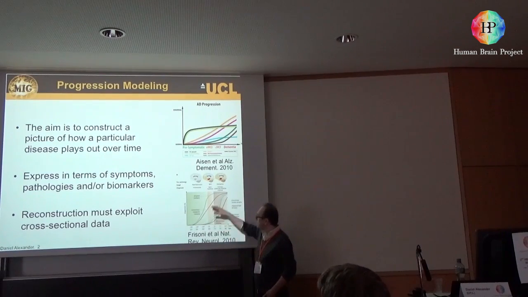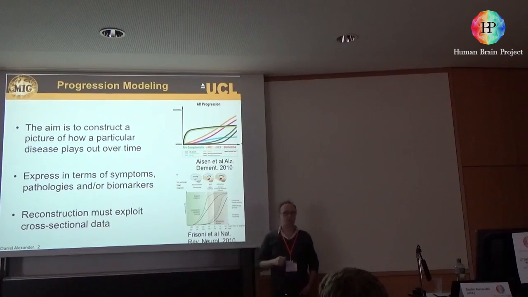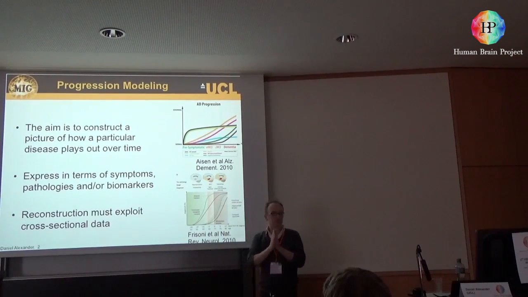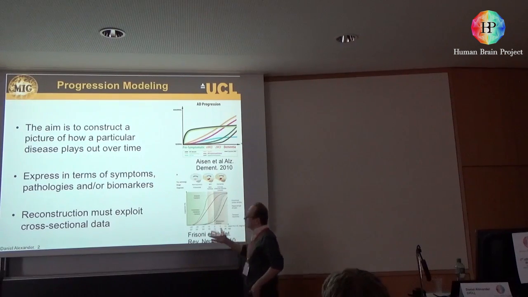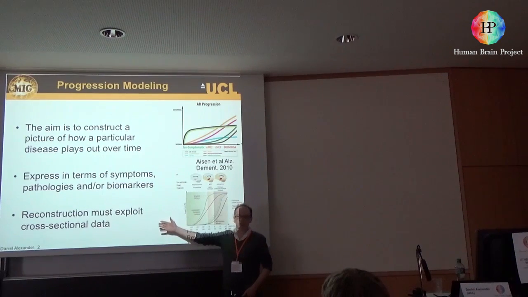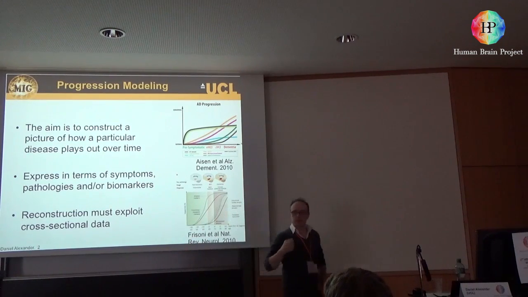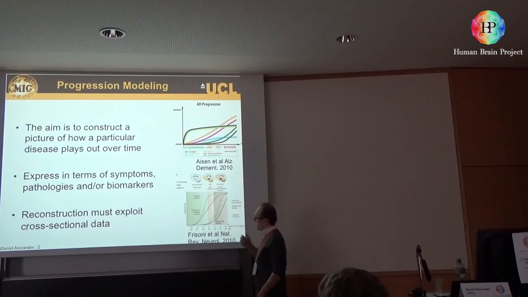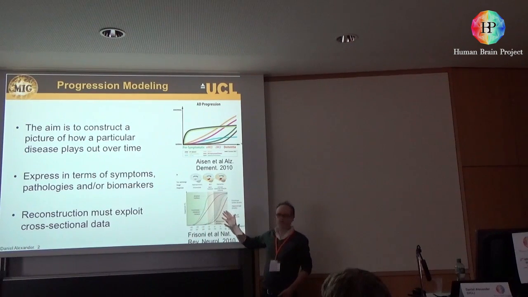A third reason is that the disease can play out at different rates in different patients, so it's hard to place people. Even if you find them all at a common starting point, their symptoms will diverge as time goes on. So in practice, we have to reconstruct these pictures from largely cross-sectional data sets. We may have some element of longitudinal data, but largely the challenge is to reconstruct these pictures from cross-sectional data.